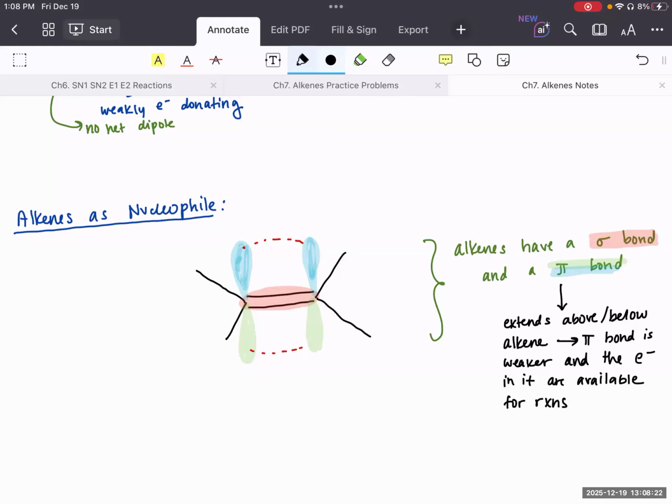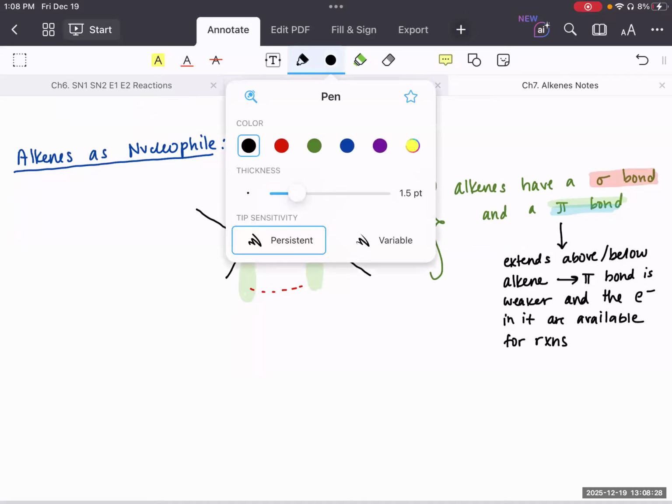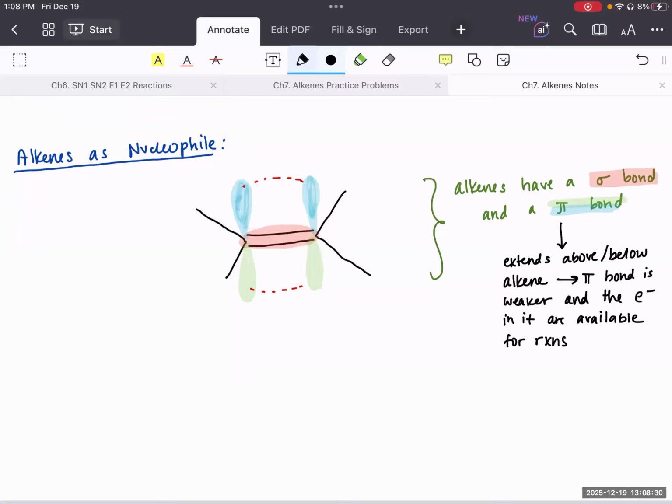Within reactions of alkenes, these electrons can act as a nucleophile from that pi bond. I'm going to write that out as a separate sentence here, just because a lot of tests like to ask what electrons are involved in the reactions between alkenes and something, and it's the ones that are found in the pi bond.